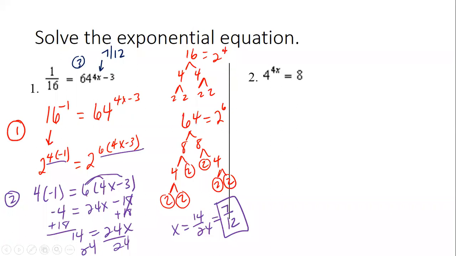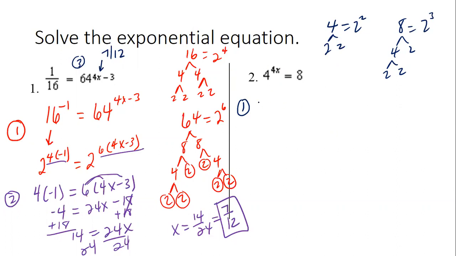All right, so let's do this again. On this one, we have 4 and 8. So step 1 is to make the same base. If I was to break down 4, that becomes simply what? 2 squared, right? If I was to break down 8, that becomes 2 to the 3rd, correct?